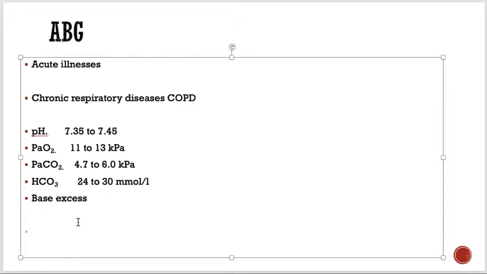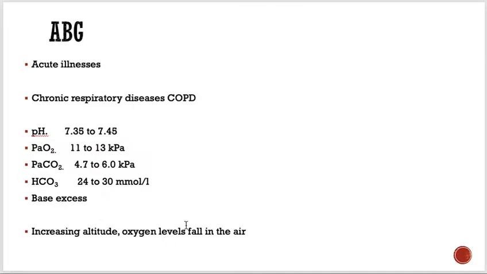So remember, with increasing altitude, oxygen levels fall in the air. We must keep this in mind whenever we are interpreting ABGs. It depends on which area you are living in.